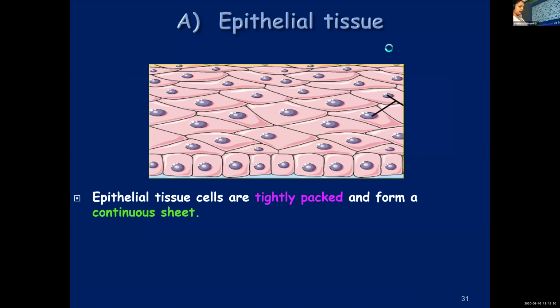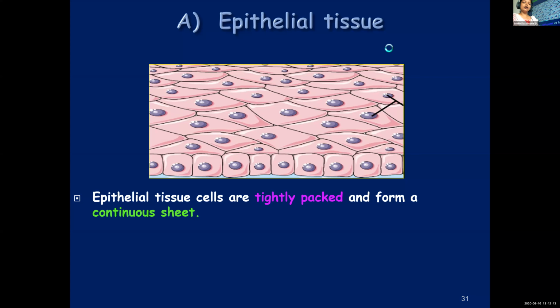Epithelial tissue cells, or the cells in an epithelial tissue, are very tightly packed and they form a continuous sheet. We are talking about the characteristic features.